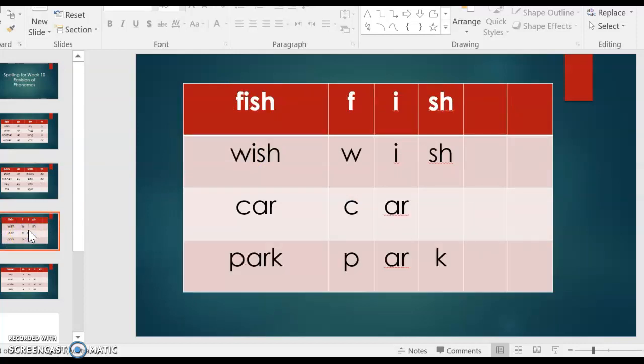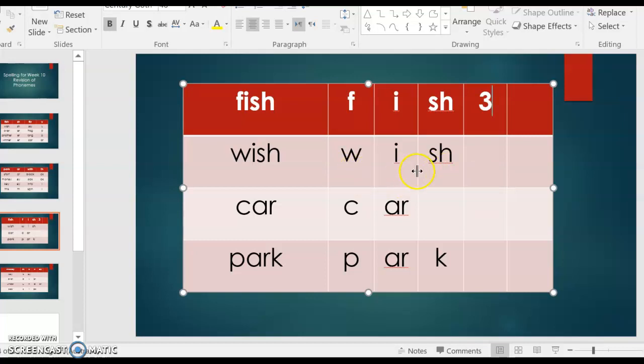Now let's try breaking them down into their sounds or their phonemes. Fish. F, I, sh. I counted 3. So the number of phonemes in fish is 3. Same thing, wish. Remember we just changed the first letter to get a new word. Wish. W, I, sh.